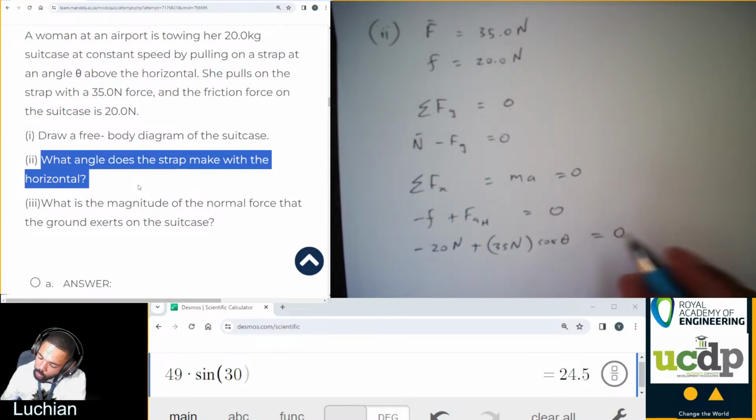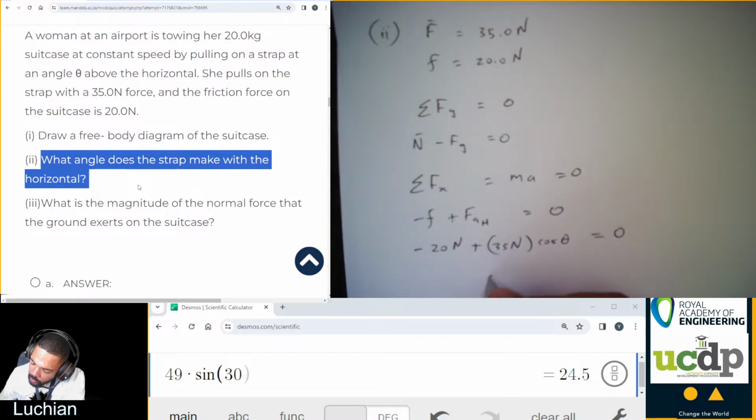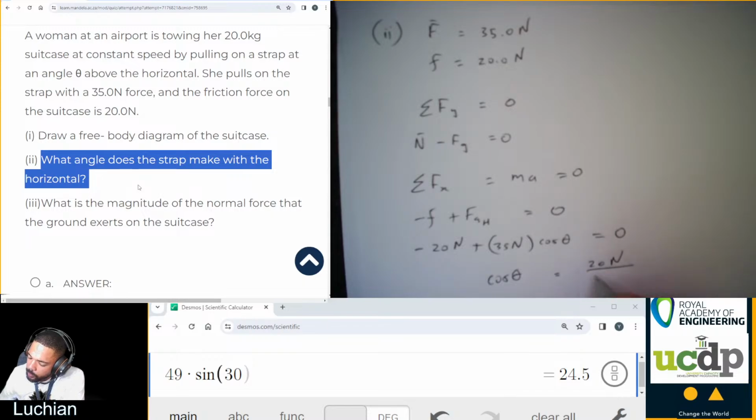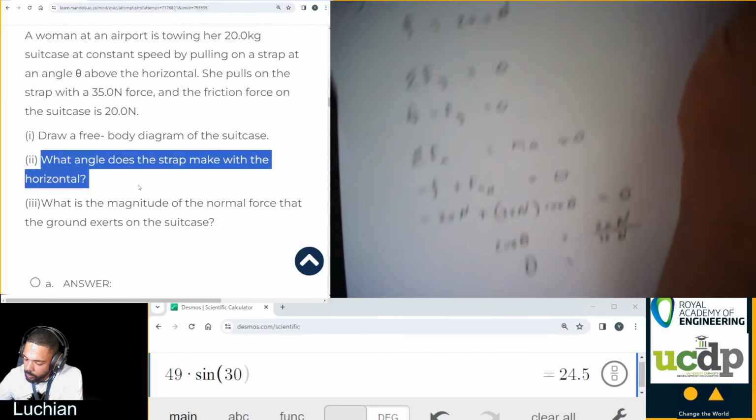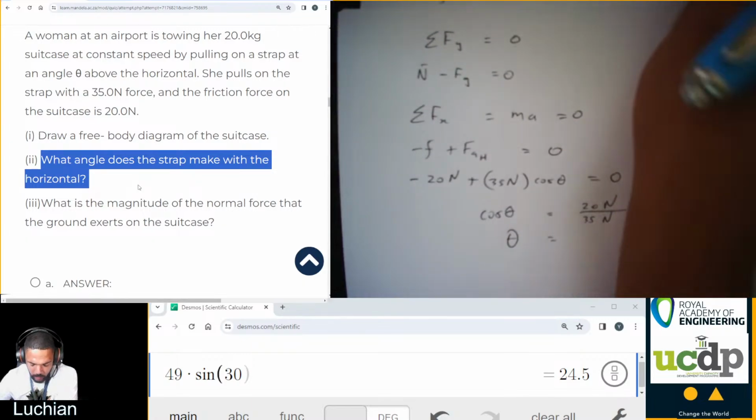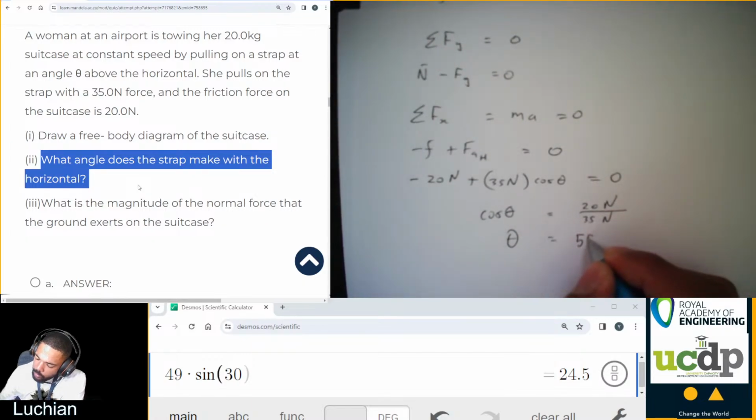Now, if you solve for theta, you will have that the cosine of theta is equal to 20 newtons over 35 newtons. Therefore, theta is equal to 55.2 degrees.